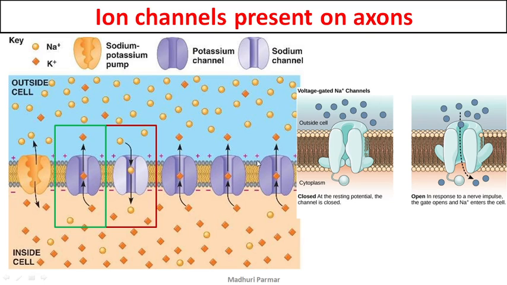The outside is positive, the inside is negative. These charge differences exist because the cell membrane is selectively permeable. What does it mean by selectively permeable? It has special proteins which can allow or disallow the movement of charges. Clear?